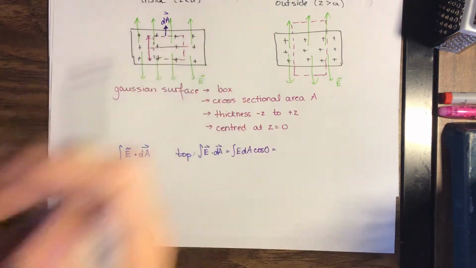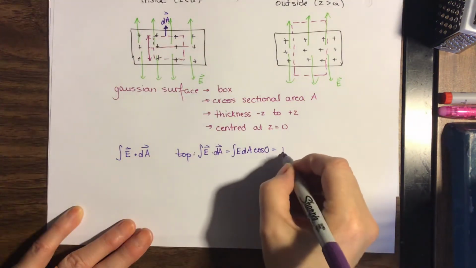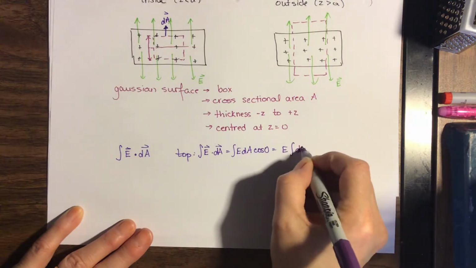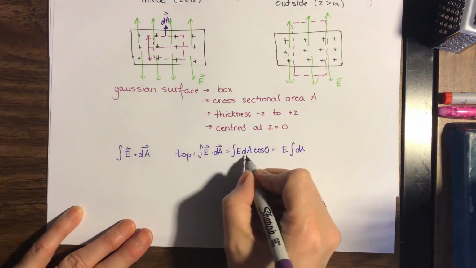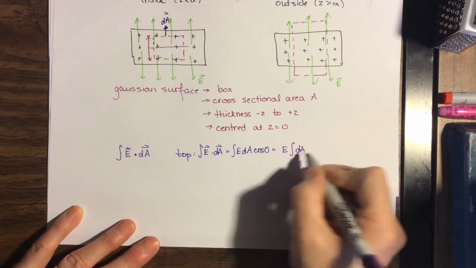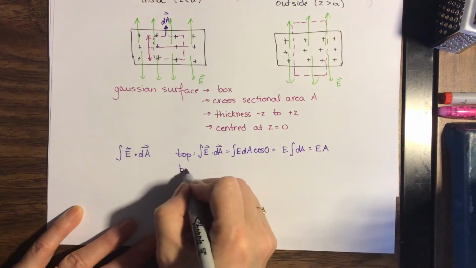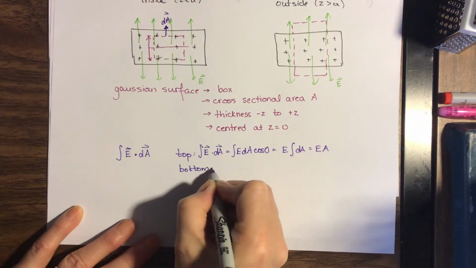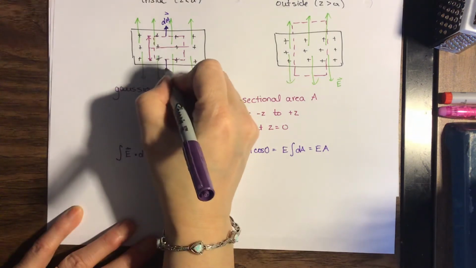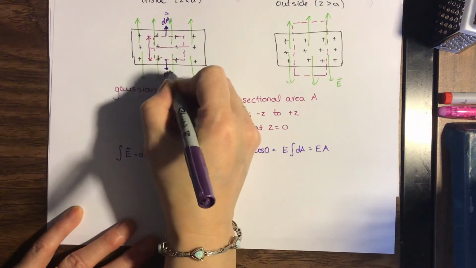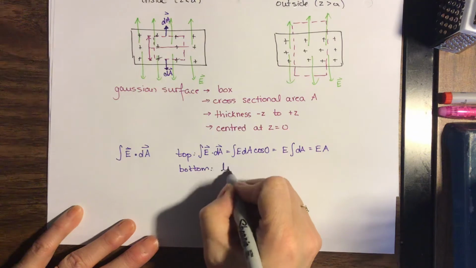E is a constant value because we have this planar symmetry, so the E comes outside the integral of dA. Cosine of 0 is just 1. The integral of dA is A. Okay, let's do the bottom next. On the bottom, the area element sticks straight out. So the bottom is just like the top.